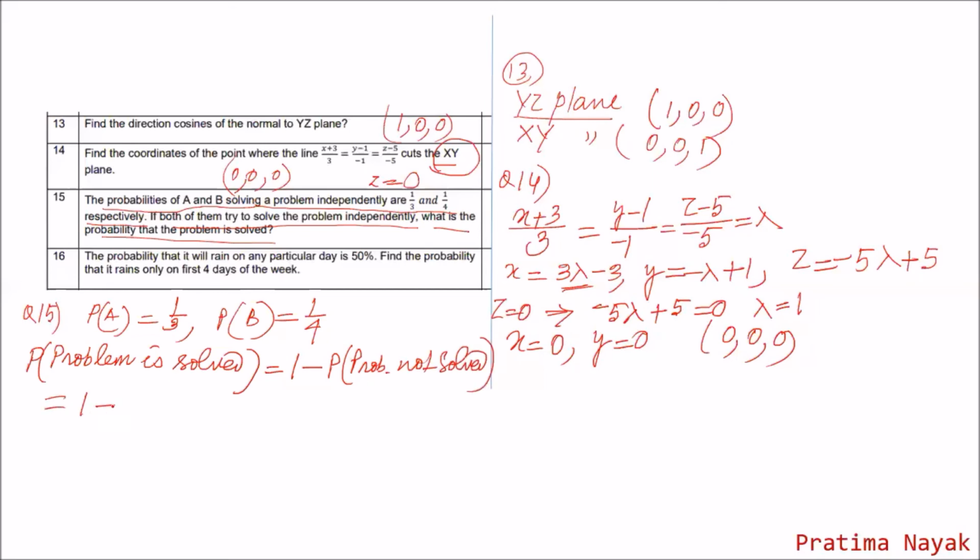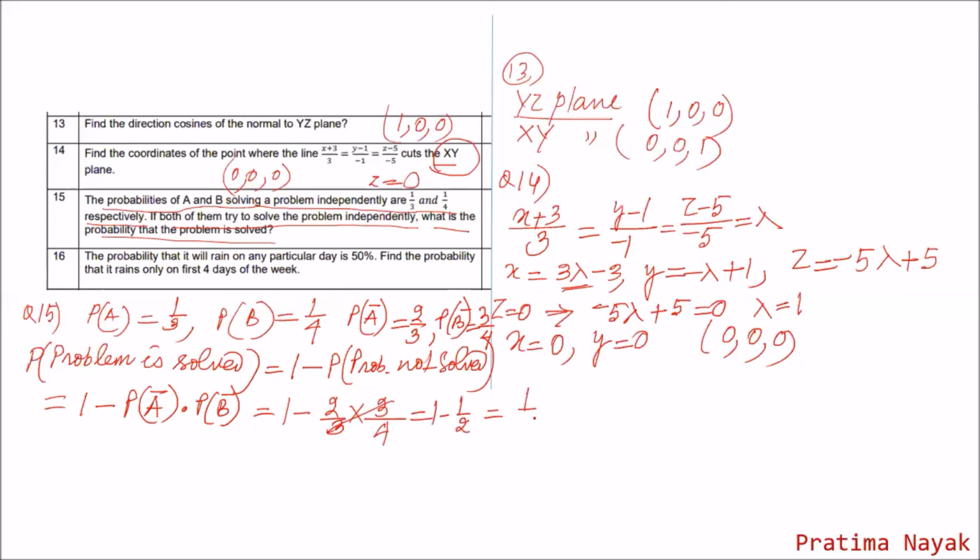So this will be 1 - P(not A) times P(not B). P(not A) = 1 - P(A), that will be 2/3. P(not B) = 1 - P(B) = 3/4. So it will be 1 - (2/3 × 3/4). 3 and 3 cancel, 1 minus half, you are getting half as the answer.